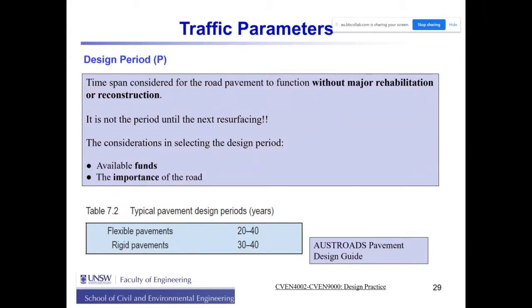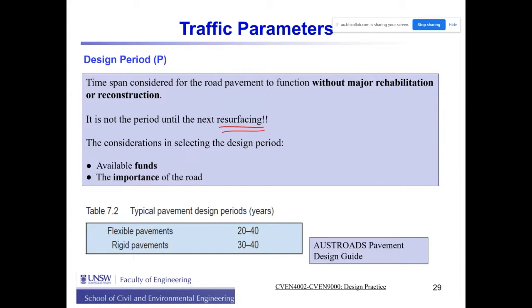Prior to the design life, we shouldn't have any major rehabilitation or reconstruction. And we should note that resurfacing is very normal. Resurfacing is not considered as major reconstruction. So during the design life, we can have resurfacing, but we shouldn't have major reconstruction.